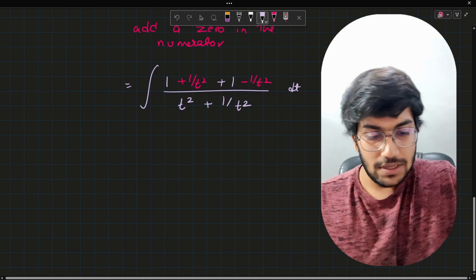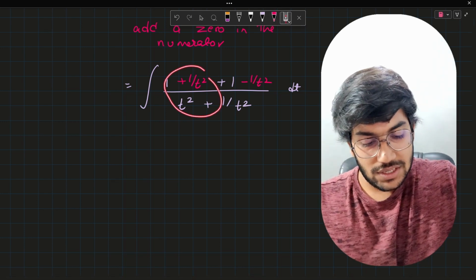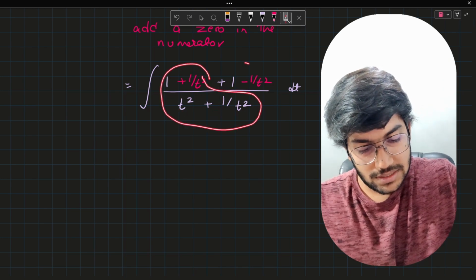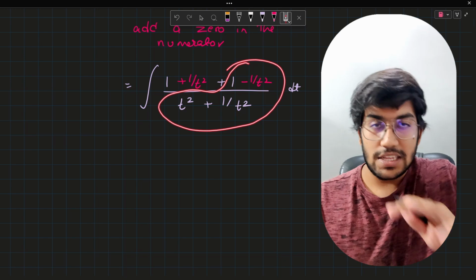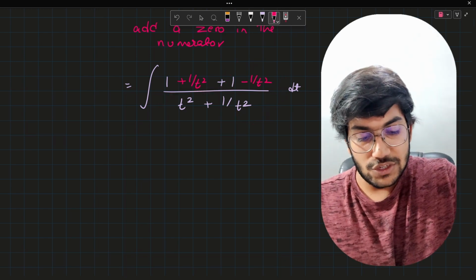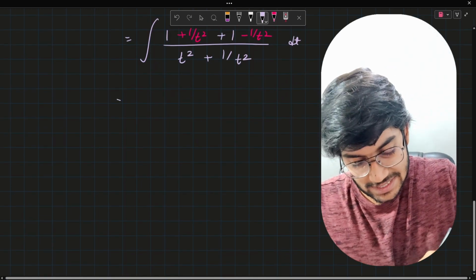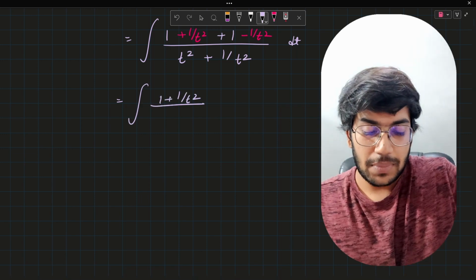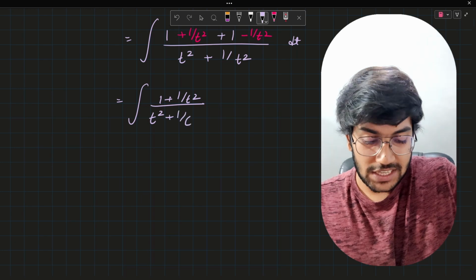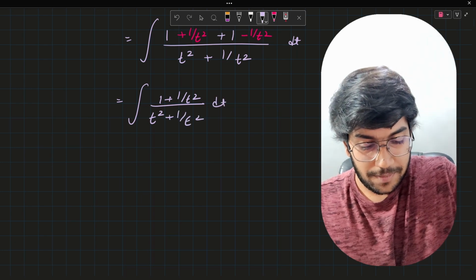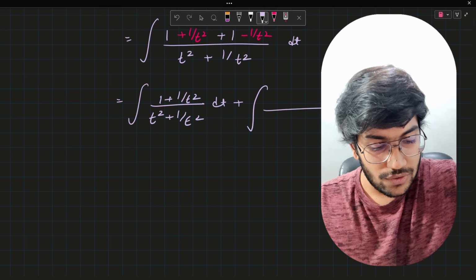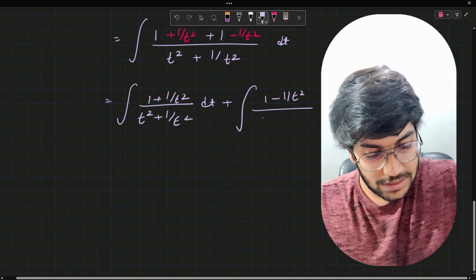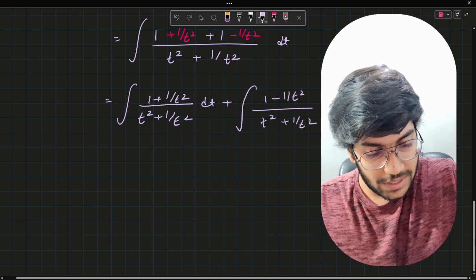So we have this term and this term. Let's separate these into two integrals. What we'll get is the integral of 1 plus 1 over t square by t square plus 1 over t square dt, plus the integral of 1 minus 1 over t square dt over t square plus 1 over t square.